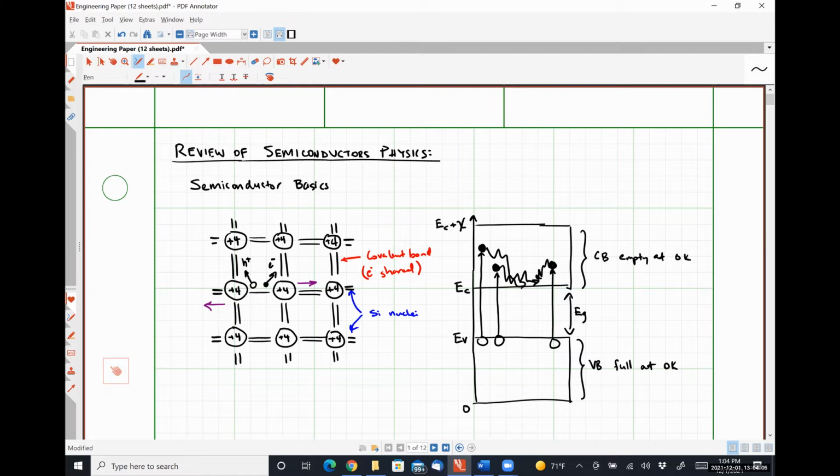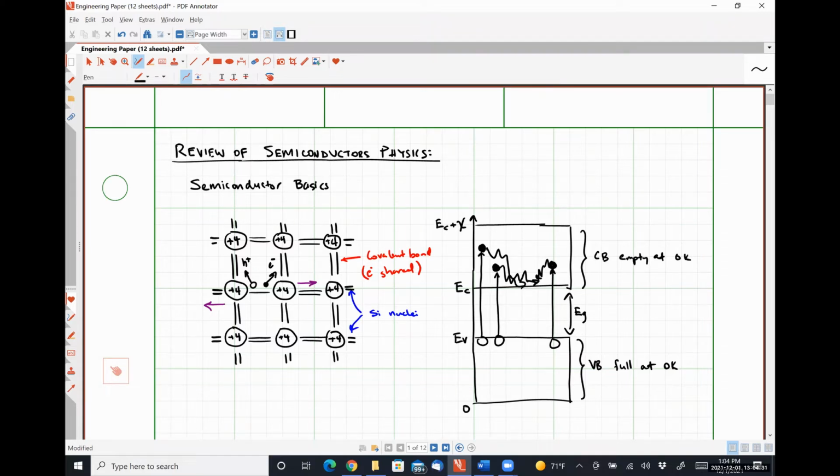It's down here filling up an empty place in the valence band. The rate at which recombination occurs is dependent on the number of electron hole pairs that have been generated. And the number of electron hole pairs that have been generated is highly dependent on temperature, which we've already talked about, right?